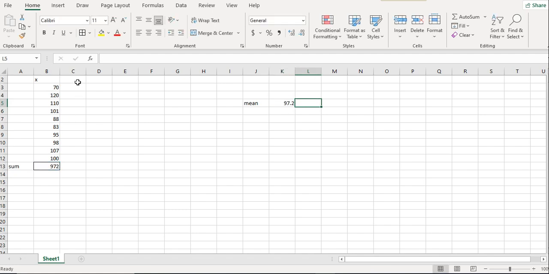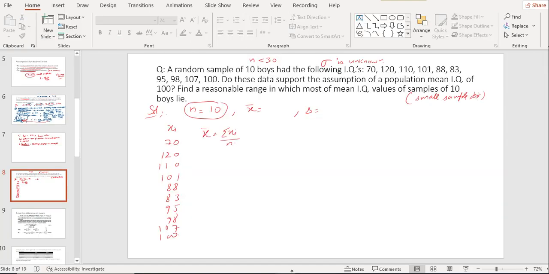Now we need to calculate the variance. What is the formula of variance? There are two ways. s square can be calculated as 1 upon n summation xi minus x bar square, or I can write 1 upon n summation xi square minus x bar whole square.